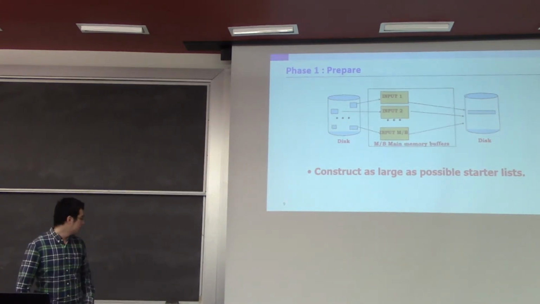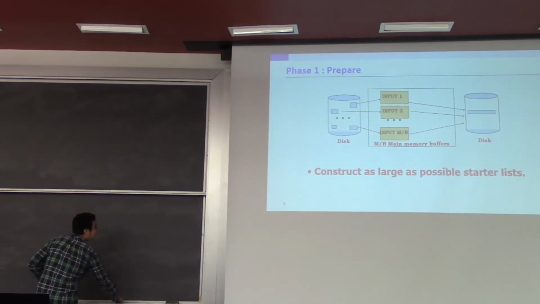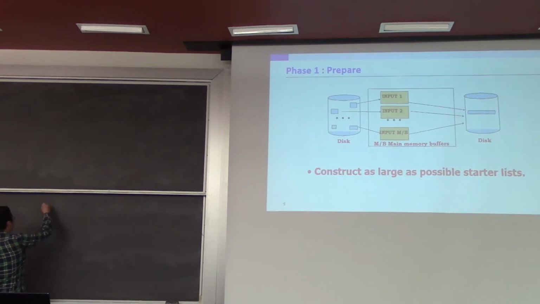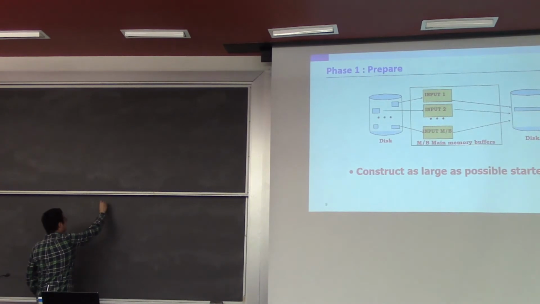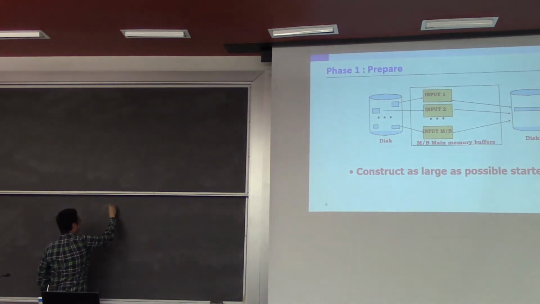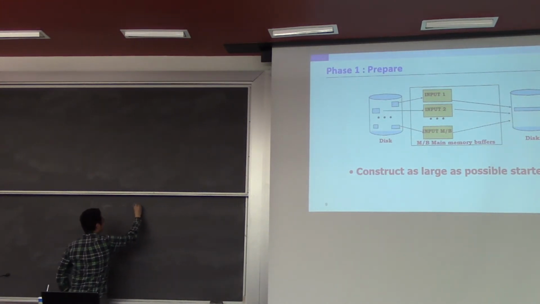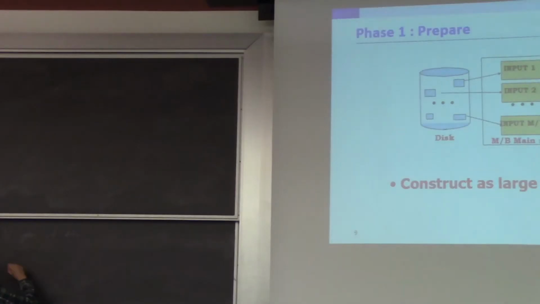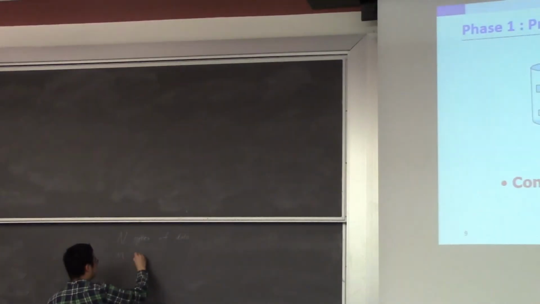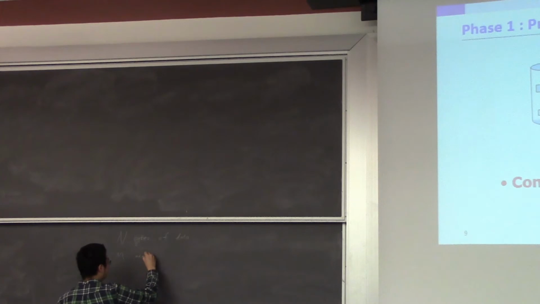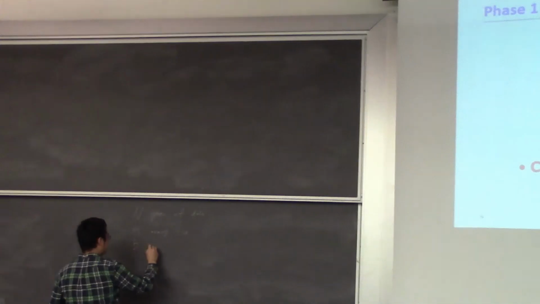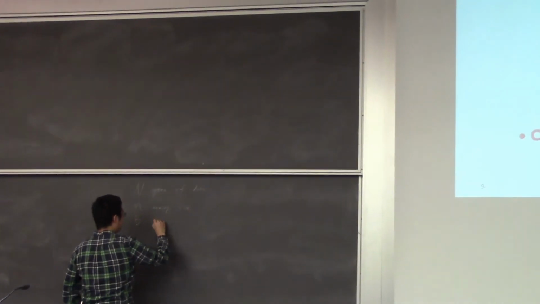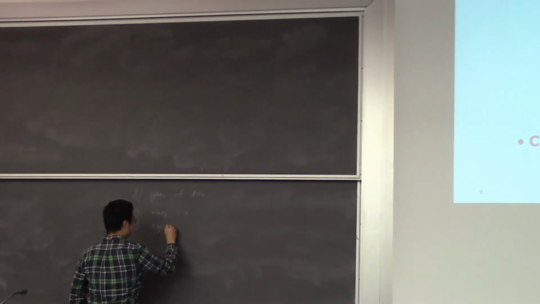Let's write it down. Suppose you have N bytes of data, and your memory size is M, and B is the number of bytes in a page.